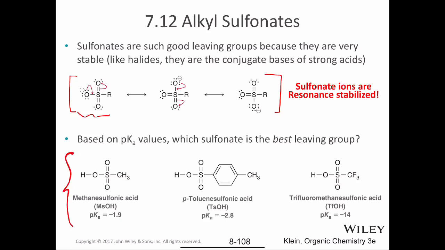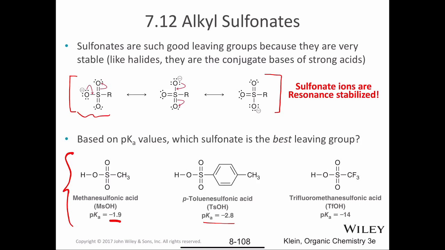So if you look at the pKa values, you can see the pKa values of the conjugate acid. The conjugate acid of a mesylate is methane sulfonic acid, which has a pKa below that of hydronium a little bit, minus 1.9. Hydronium's around minus 1.7. And then I have paratoluene sulfonic acid, the conjugate acid of the tosylate, which has a pKa of around negative 2.8, so about 1 log unit stronger in terms of acidity compared to methane sulfonic acid.